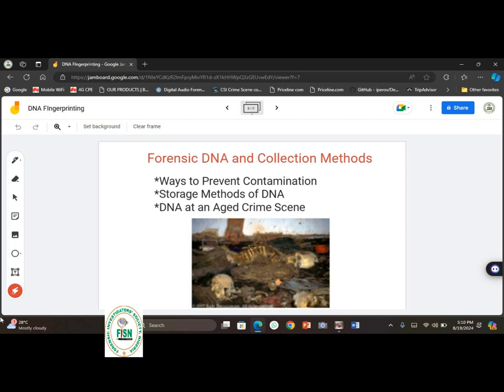And at times, DNA at an aged crime scene may be difficult to recover.